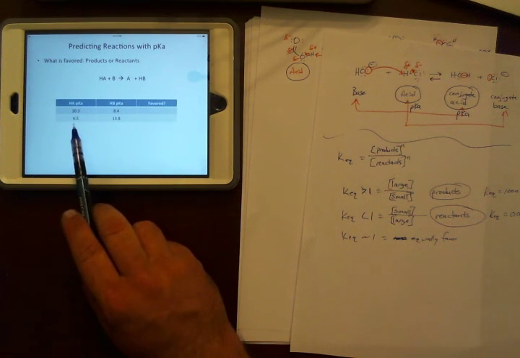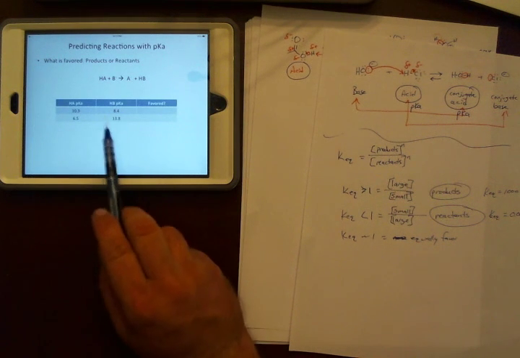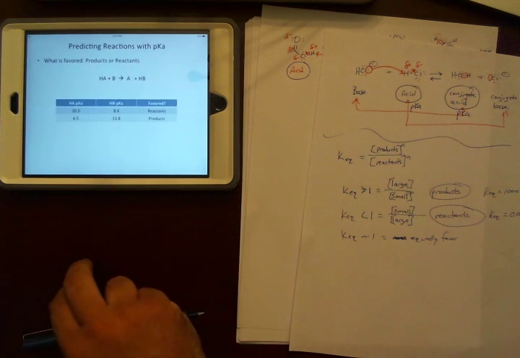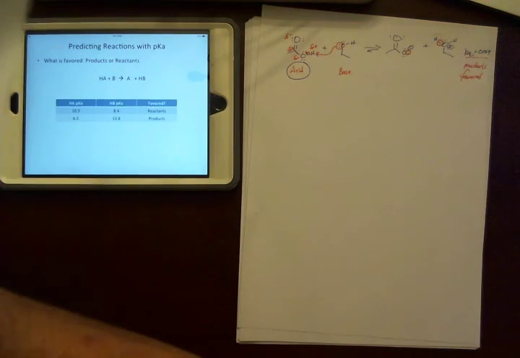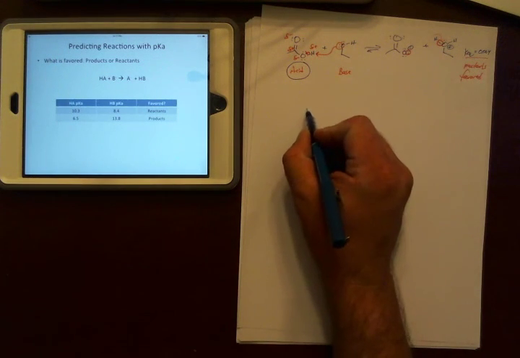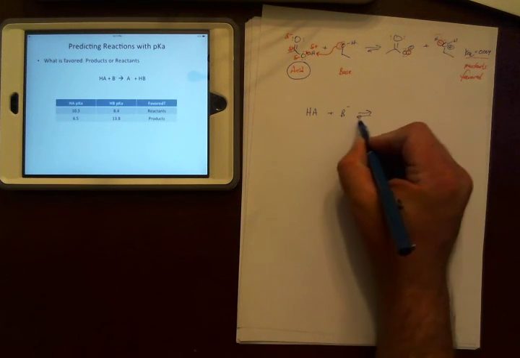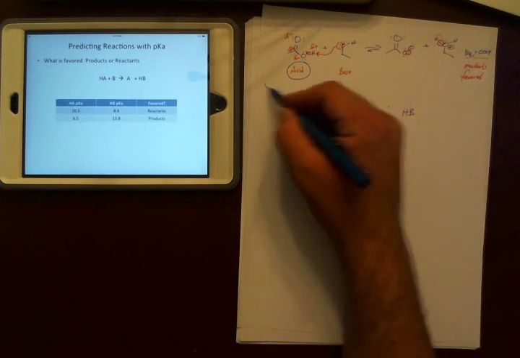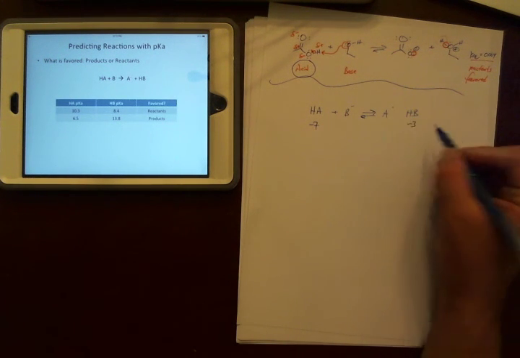Now, from 6.5 to 13.8, the products have the higher pKa, so now the products are favored. But don't forget, if this is HA, B minus, going to A minus, HB, let's say this is -7 and this is -3.